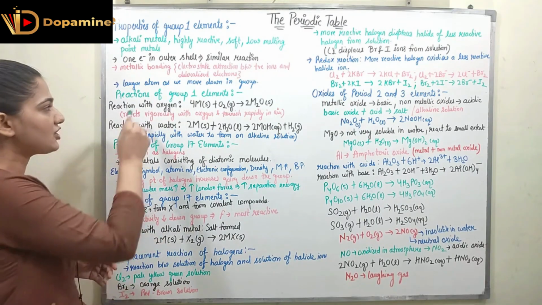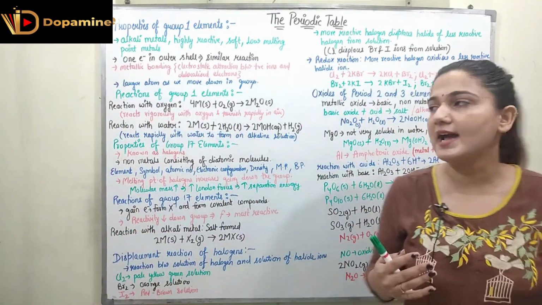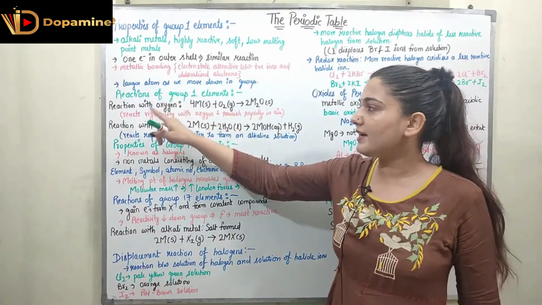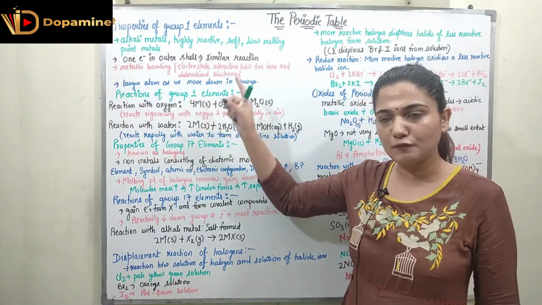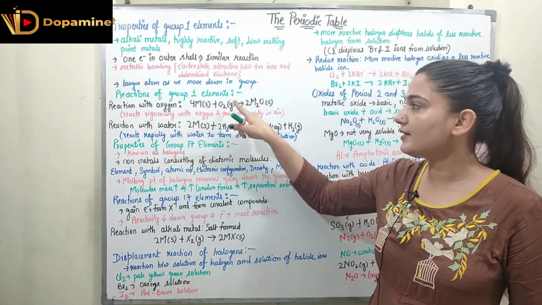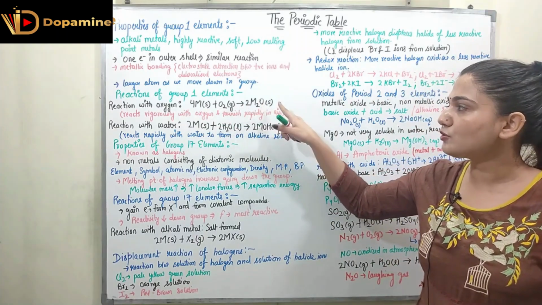Now coming to the reactions of the group 1 elements. What are the various reactions? First, they react with oxygen. So 4M, where M represents the group 1 element, in solid state reacts with oxygen in gaseous form to give 2M2O in solid.